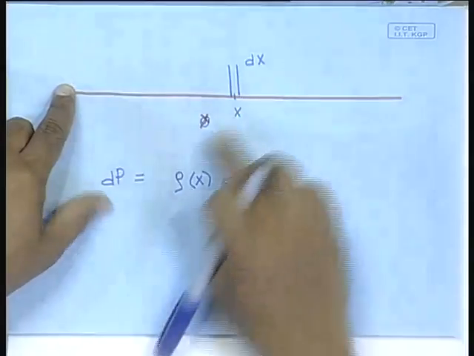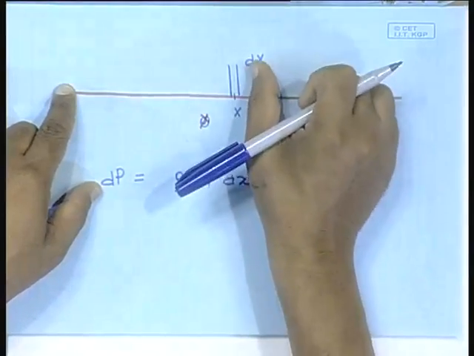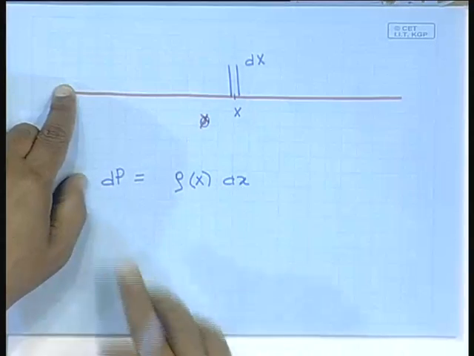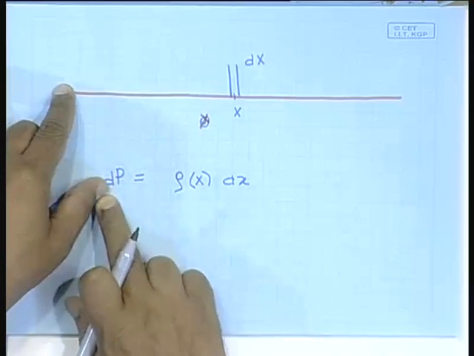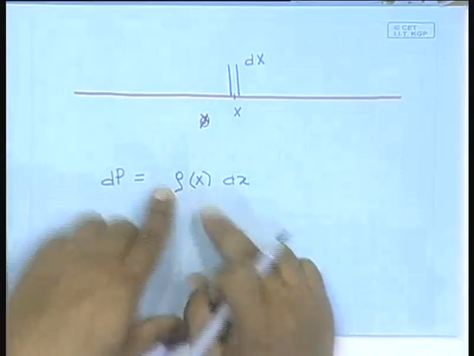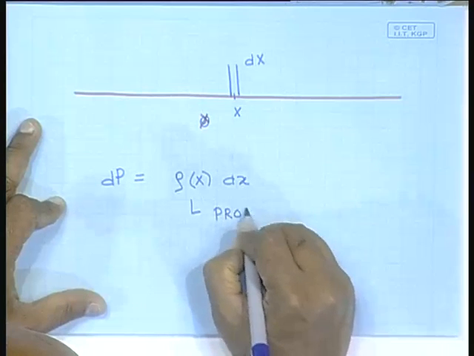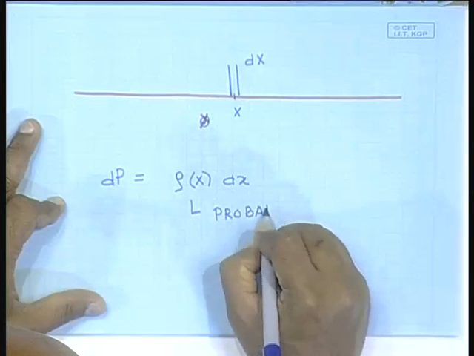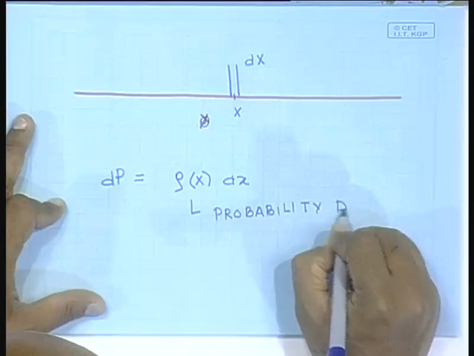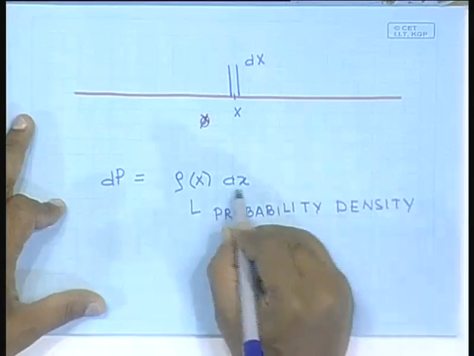Then the probability dp of getting a particular value of x in the interval dx around the value x will be some function called the probability density, rho of x, into the interval dx.